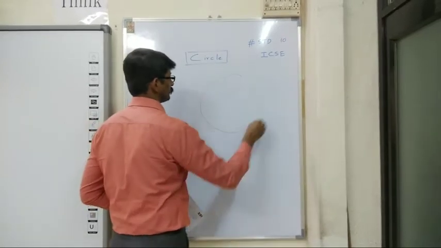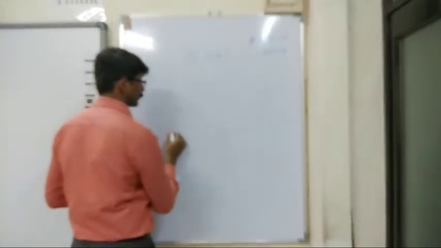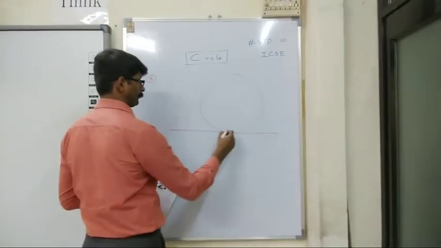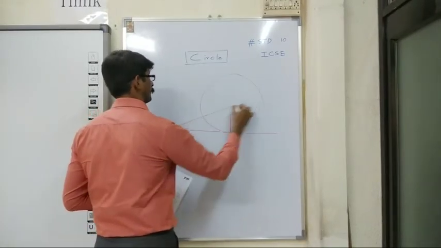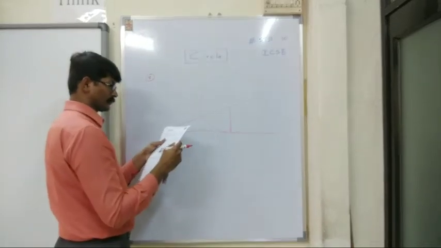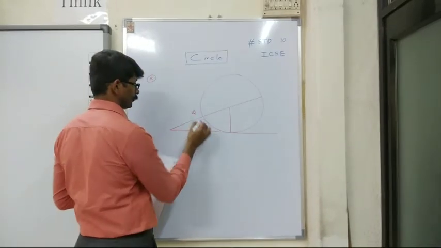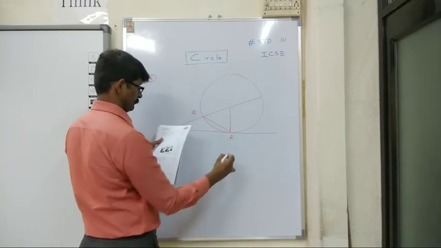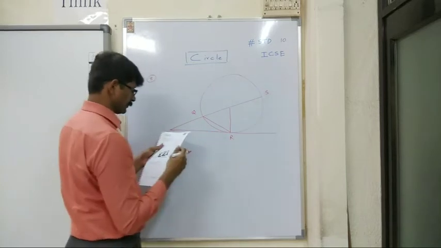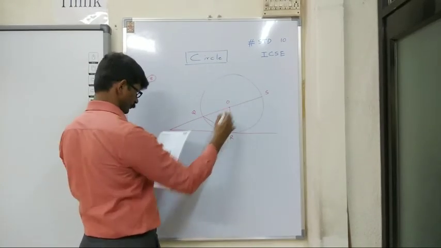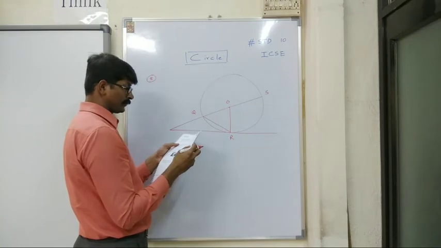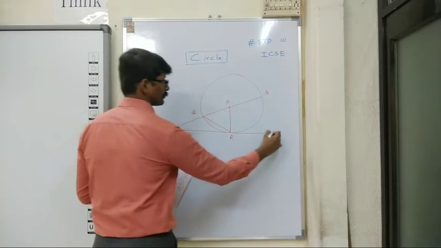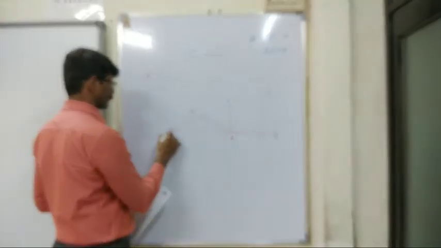So there is this circle given, and then there is this tangent given, and then there is the secant given, and this is Q, and it touches the circle at this point R, and this point is S, and this central point is O. O is the center of the circle. This is very important information. This is T out here, and this is point P.